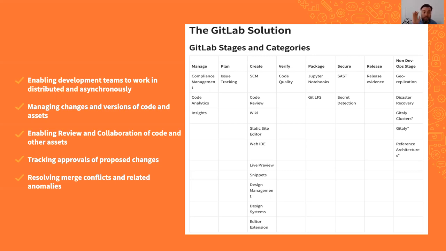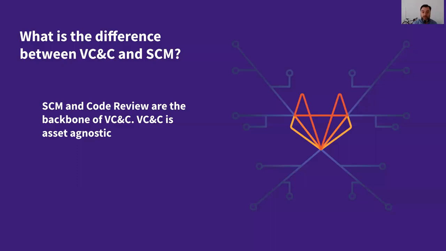So all those capabilities on the left are solved, partially at least, by the categories on the right.